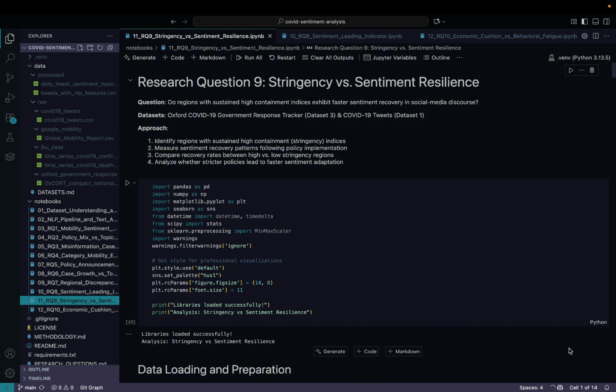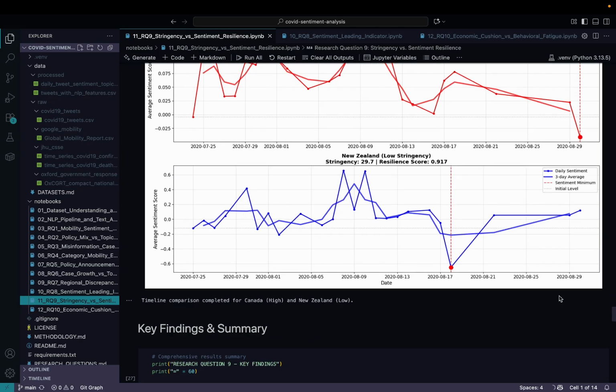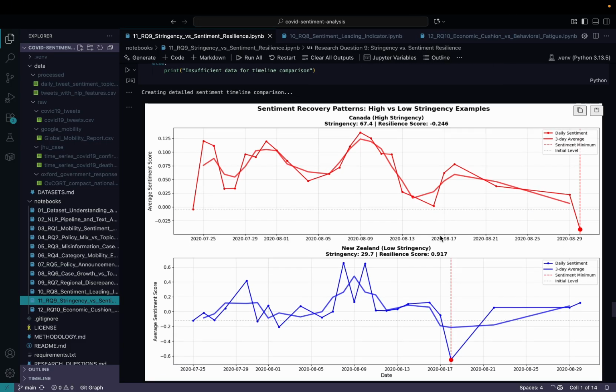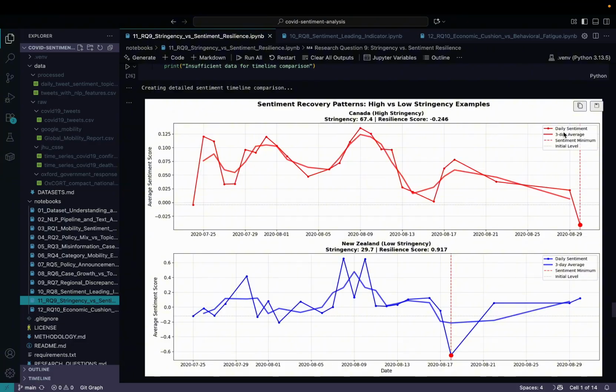Now let us look into the visualization. It shows the sentiment recovery pattern, high versus low stringency examples, as dual-panel line plots with recovery metrics. As the legend suggests, the dotted red line is the sentiment minimum, the other dotted line is the initial level, the bright line is the 3-day average, and the red dotted line is the daily sentiment.